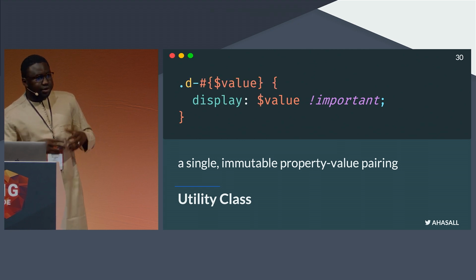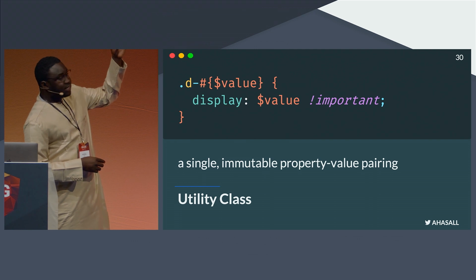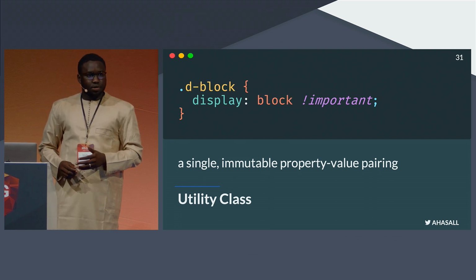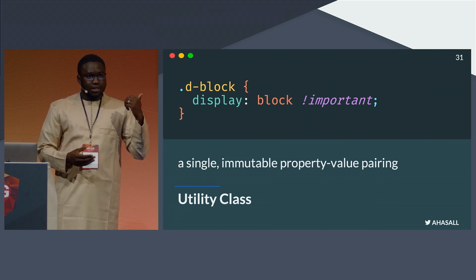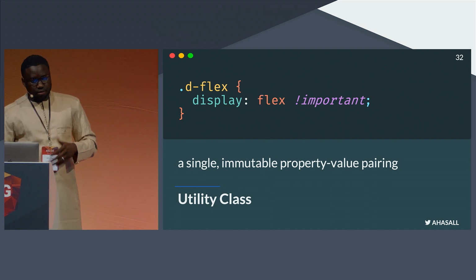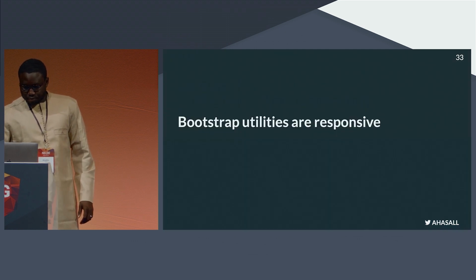For example, for display, we have many utilities. We have display, d dash, and the value. For example, d-block. If I want to make an element a block element, I just have to add this class. We have other properties like d-flex to make an element a flex container.